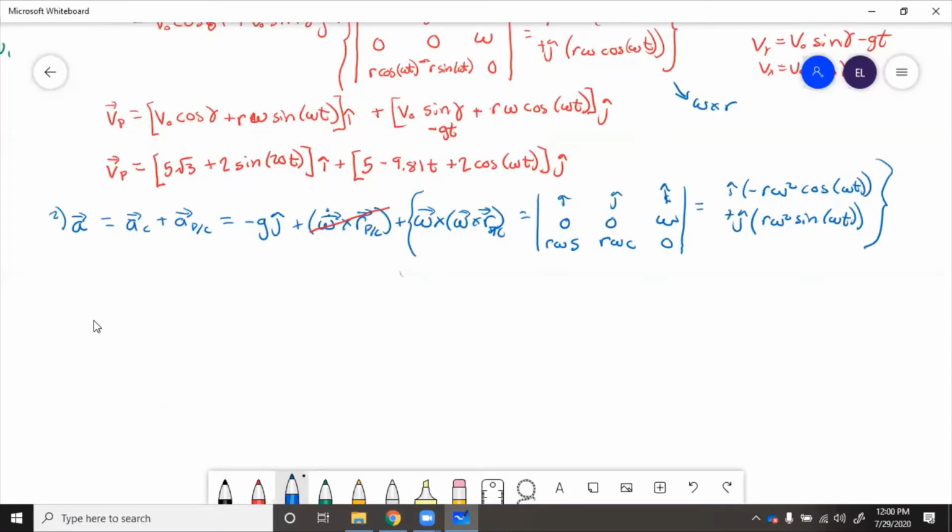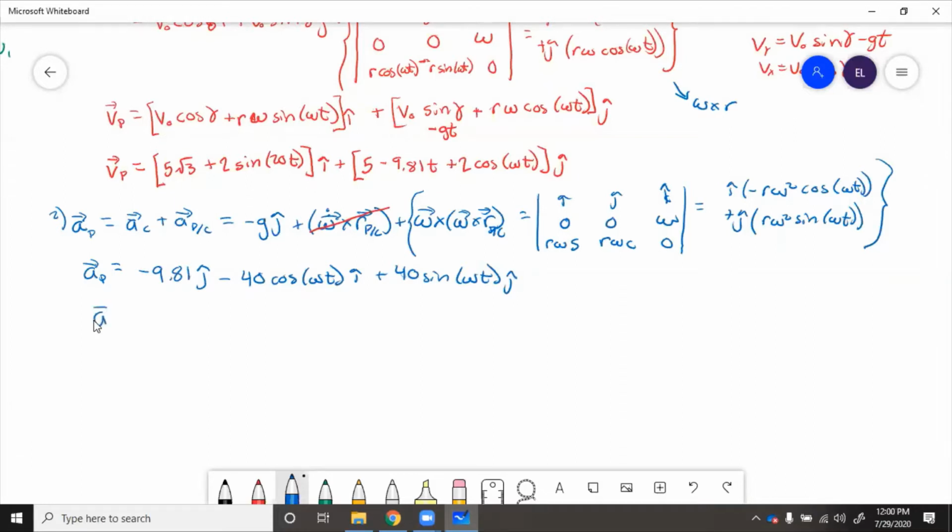So then we put all those together and we get AP equals negative 9.81 j hat minus r times omega squared, which is 40, cosine omega t I hat plus 40 sine omega t j hat.